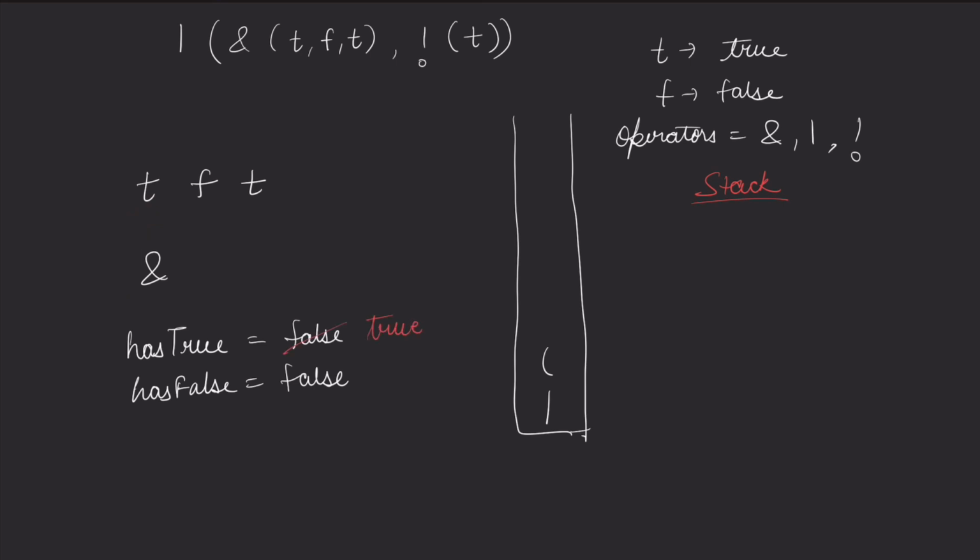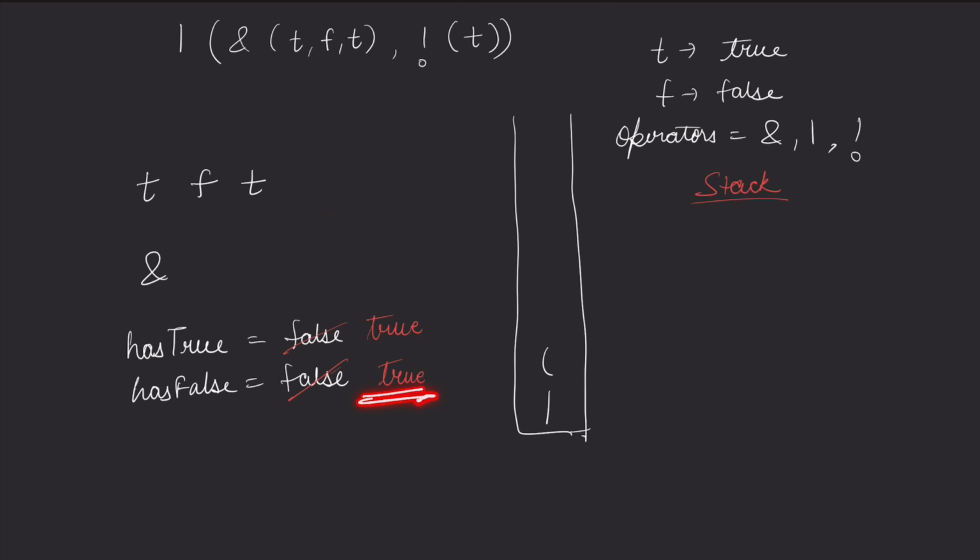And then next you popped out F which is false, so now your has false also becomes true, right? Then you got T, now has true is already true, right? So now you know that in your expression true is also present, you don't care how many times, and false is also present, and if there is at least one false present, answer will always be false, right? So this is denoting that there is at least one false present, right?